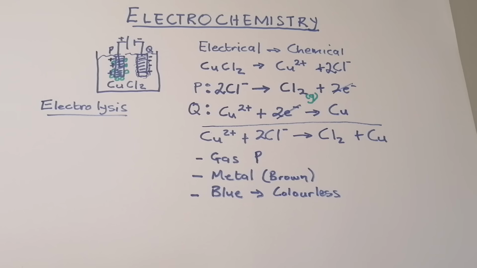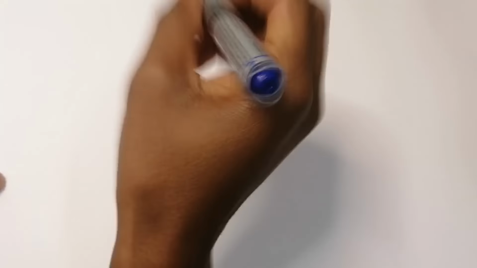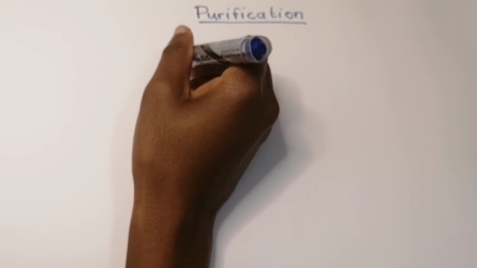Okay, right, now let's go to the second type of electrolytic cell, or the second process in an electrolytic cell, which is what we call purification. So what happens under purification?